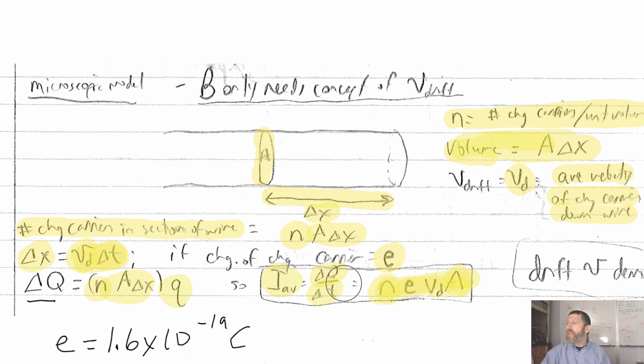Now, what the mnemonic is for this is the average current. If you just remember this cool mnemonic, and instead of drift velocity, I'm just going to put velocity: n A q v, or "Well, I never."